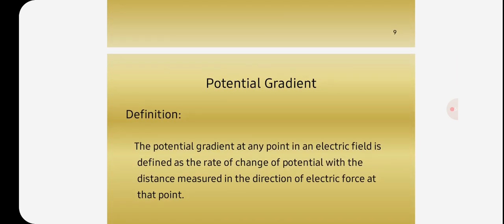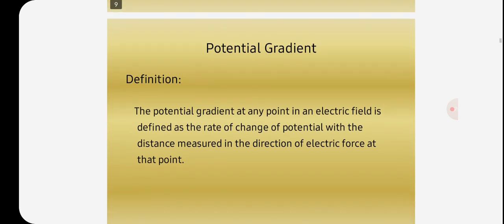So, potential gradient. The potential gradient at any point in the electric field is defined as the rate of change of potential with the distance measured in the direction of electric force at that point.